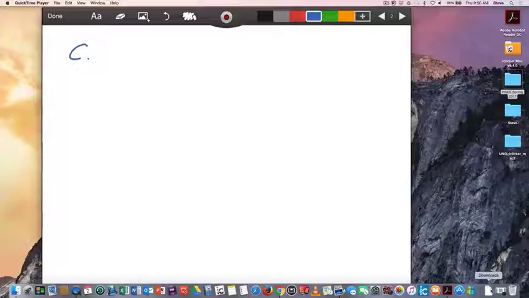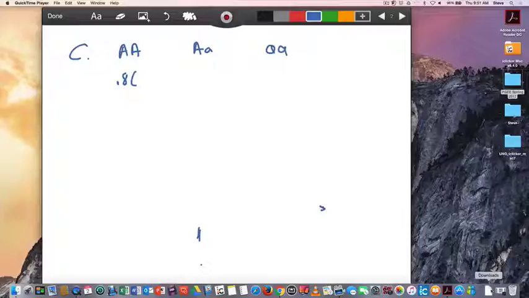So let's do AA, heterozygote, and that. Okay, so the original starting frequency before the selection event, right, was 0.8. And then you take it times its relative fitness, which is 1, okay?